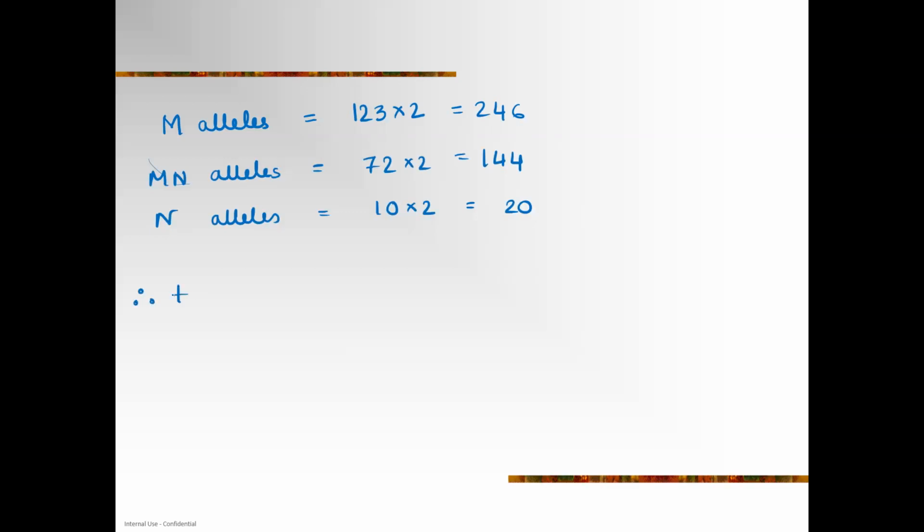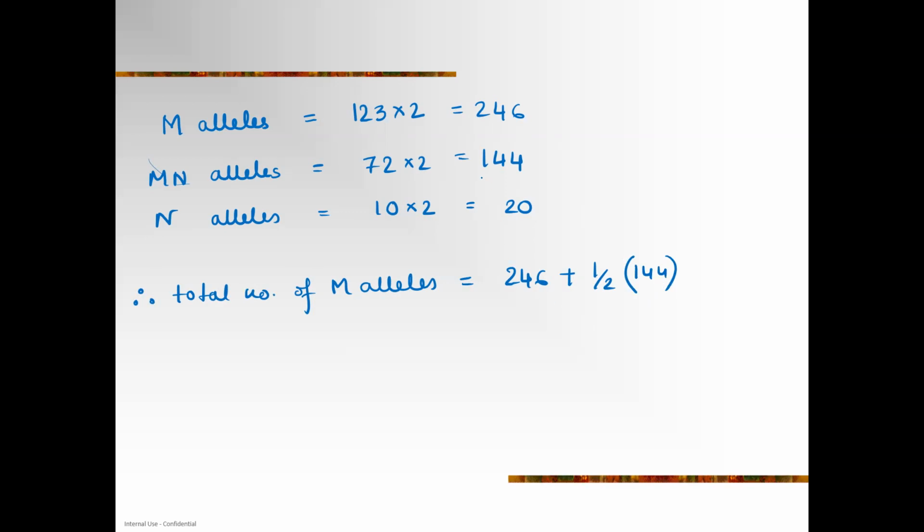Therefore, total number of M allele is what? 246 plus half of 144. Yes or no?